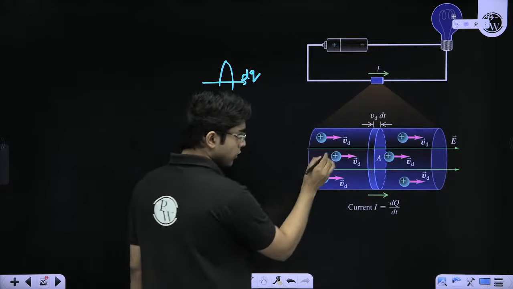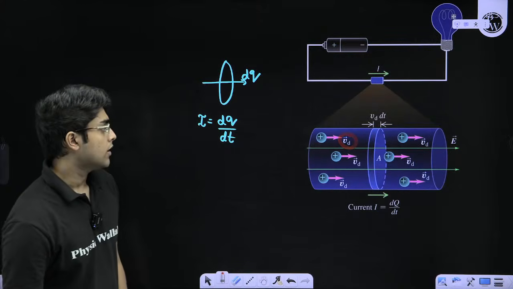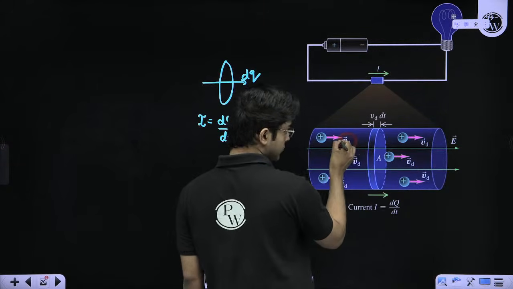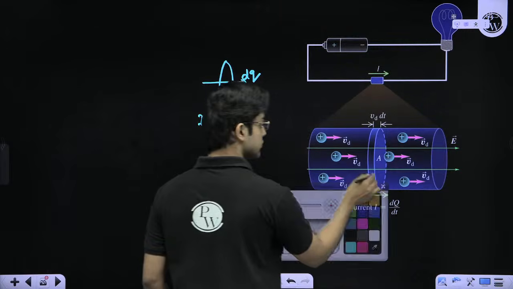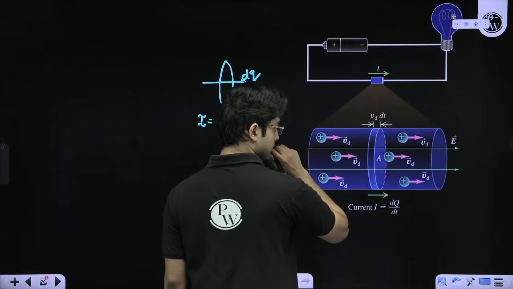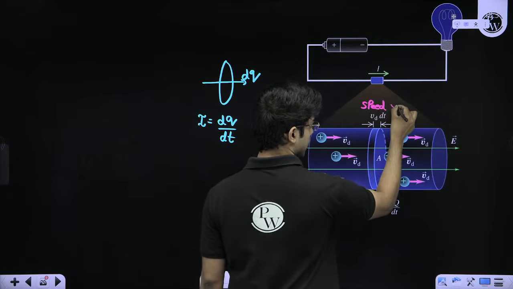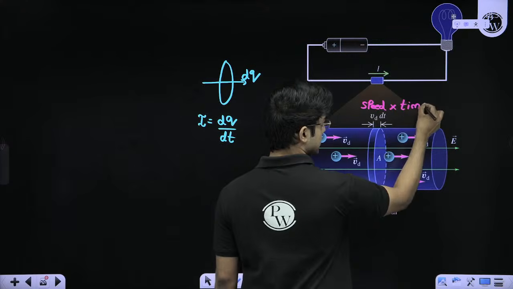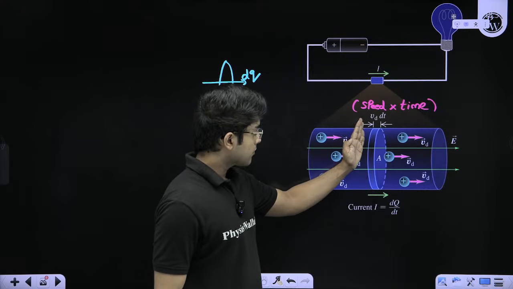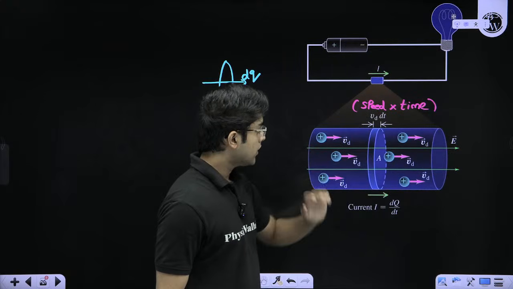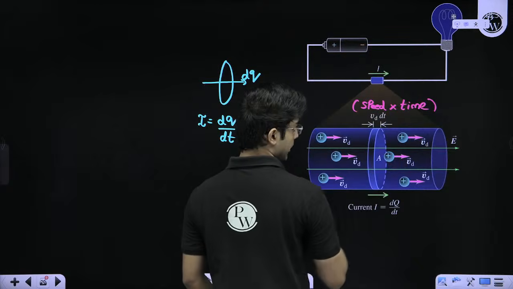The drift speed of the charges is Vd, right? And if that speed is Vd, what is the distance traveled in dt seconds? It will be speed into time. So in the next dt seconds, the cross-sectional area will move forward by v into t, speed into time.